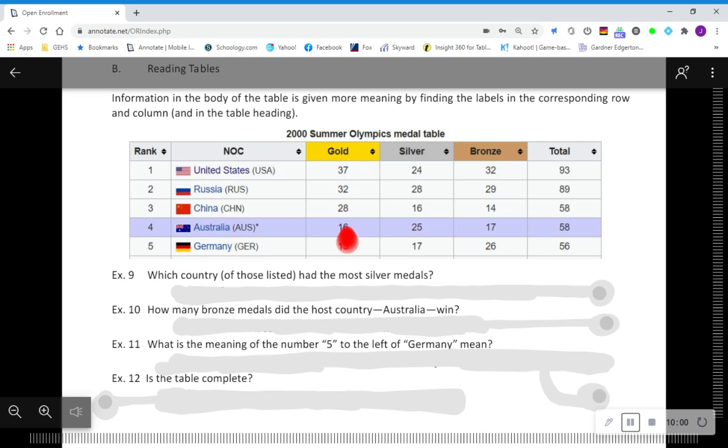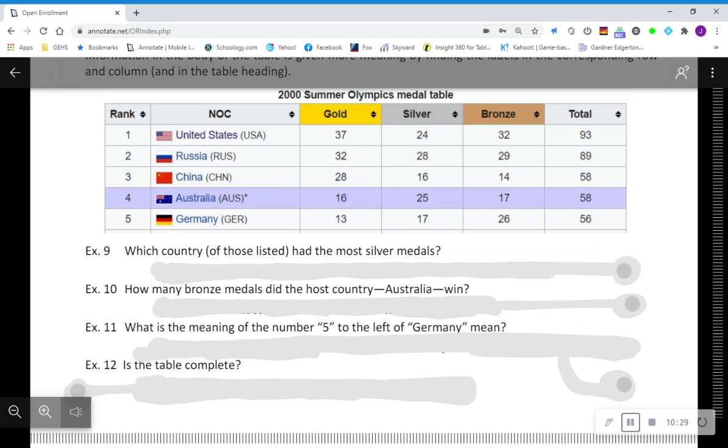You can see that this column is in order from 37 down to 13. But more likely, this is ranked according to the total number column over here, which is also in order. Now, there's this 58 total medals for China and Australia, and that tells you that at the very least, the number of gold medals is probably the tiebreaker when they're tied. Okay, so it's a little unclear how the ranking is done here.